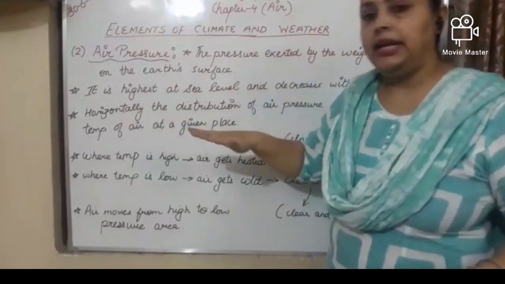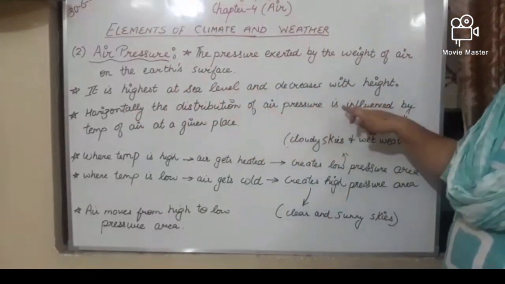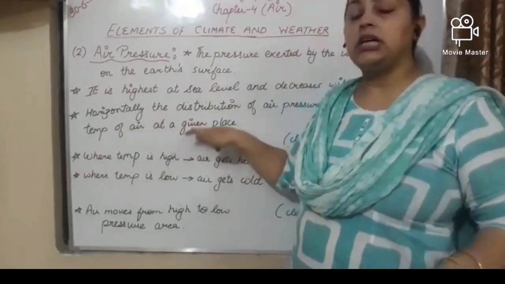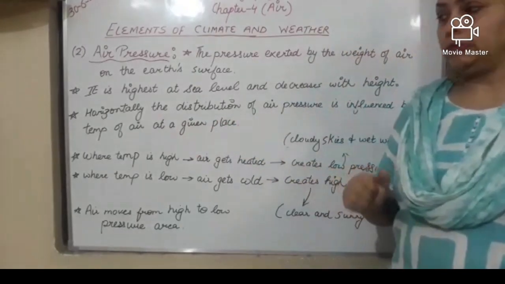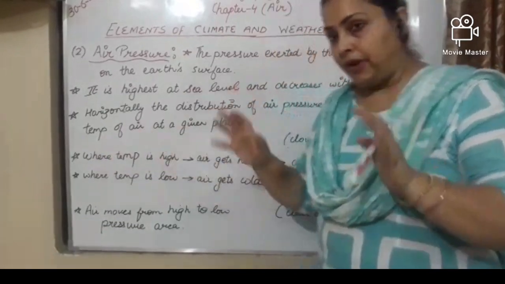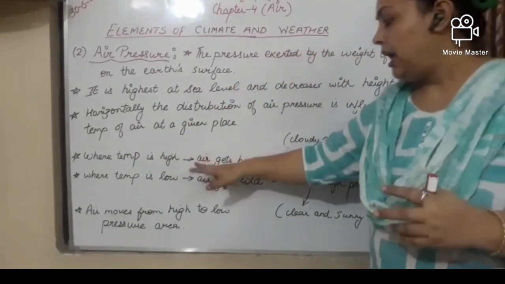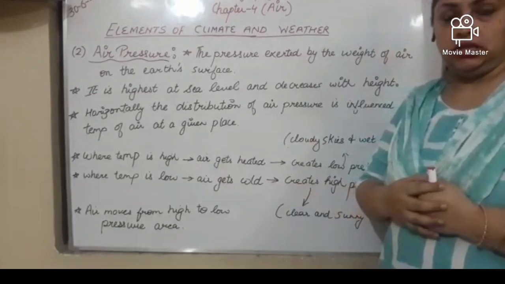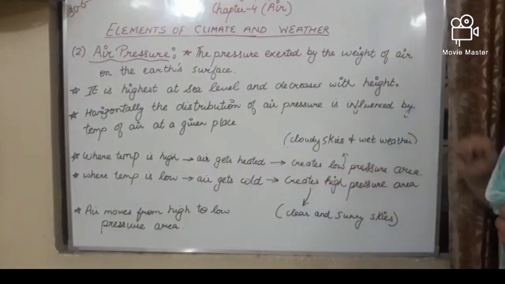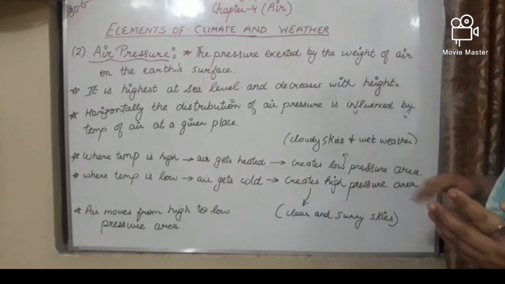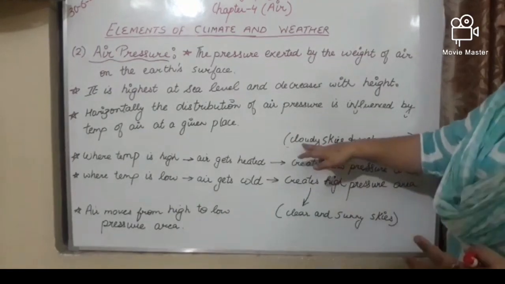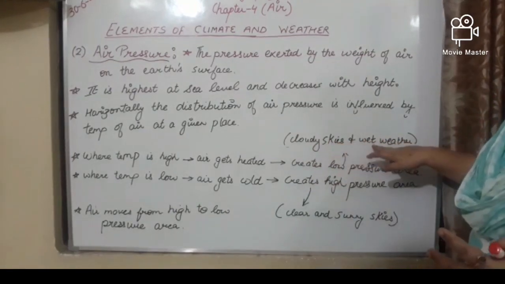Now, horizontally, the distribution of air pressure is influenced by the temperature of air at a given place. To understand better, where temperature is high, air gets heated and it creates a low pressure area. Where there is a low pressure area, you will find cloudy skies and wet weather.